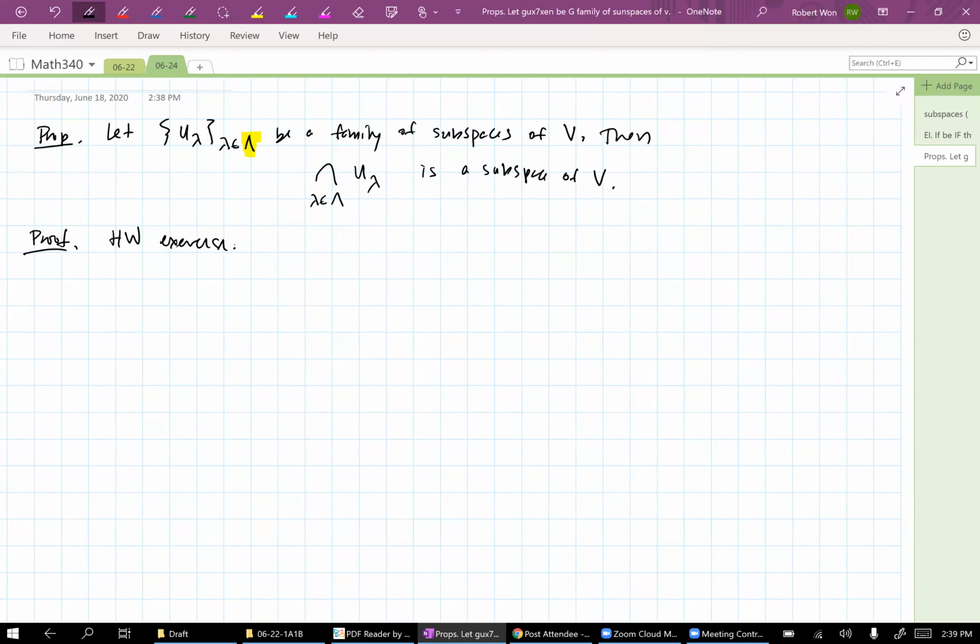The next topic of discussion in this section is on sums of subspaces. And what's the idea here? The idea is the following.